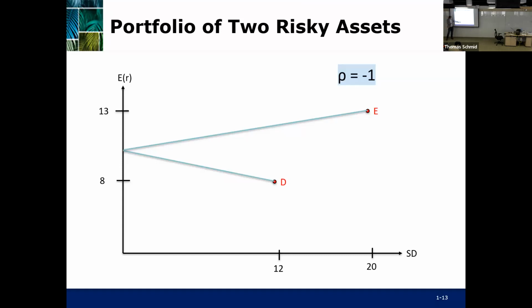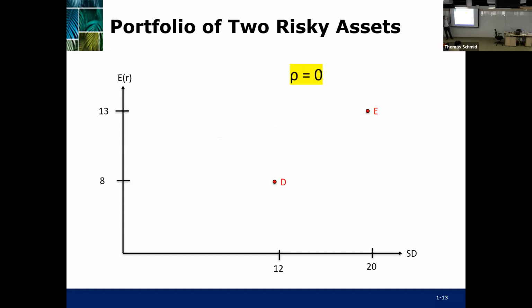For every level of risk here, I can find another portfolio on this upper arm that gives me a higher expected return. So this here is all dominated by other portfolios on this upper arm. But this will become important after the break. For now, we are not interested in that yet. We are just looking at the investment opportunity set, so what are possible risk-return combinations without judging on their optimality or whether they are good or bad. It's just what is the possibility. Okay, so this is the possible investment opportunity set.